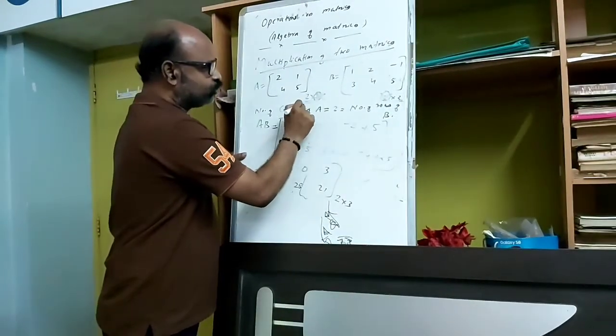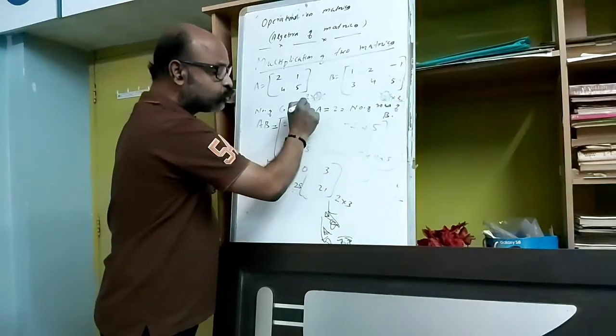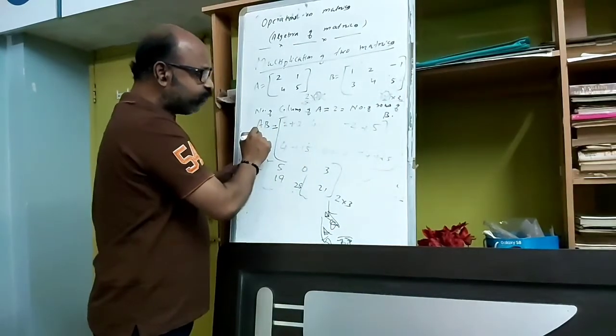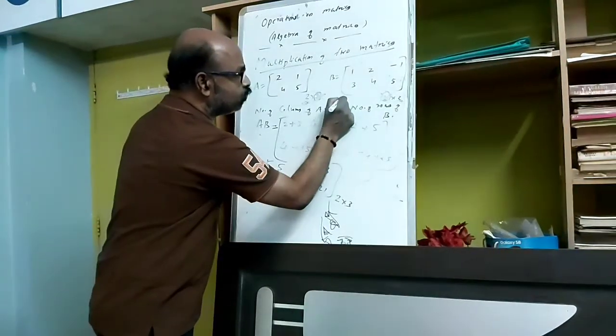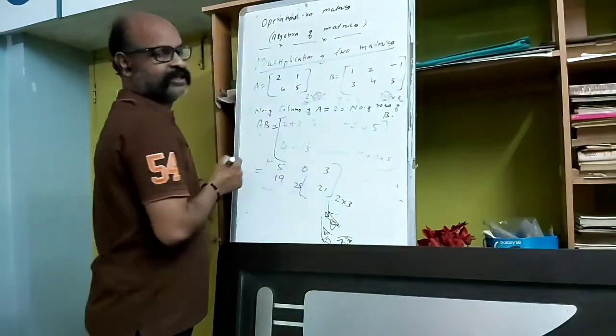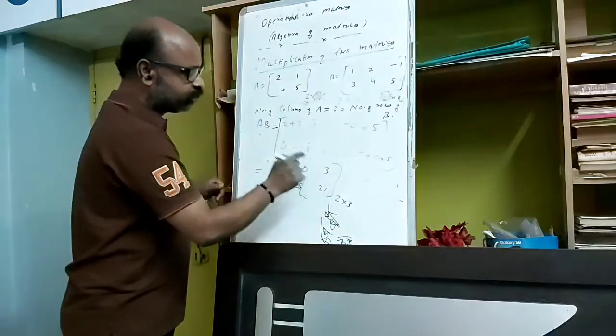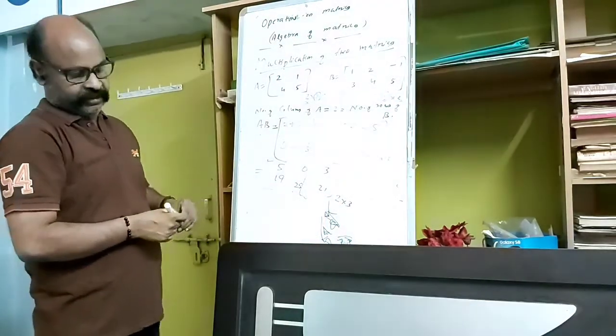What is remaining? 2, 3. The 2 is the number of rows of AB and the 3 is the number of columns. The meaning is the order of AB will be 2 by 3. Okay, look, the order is 2 by 3.